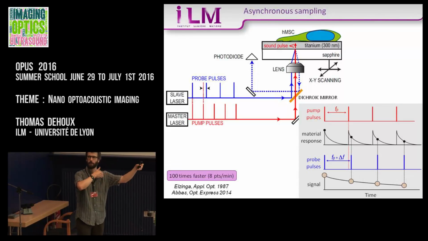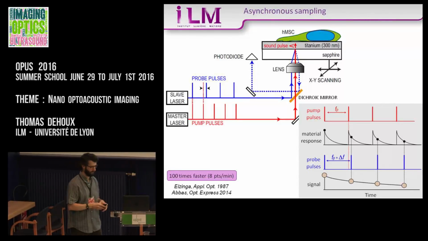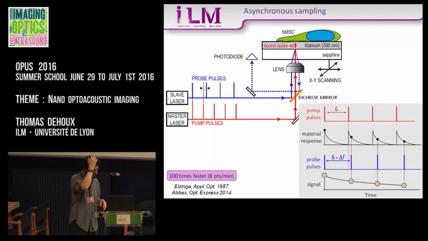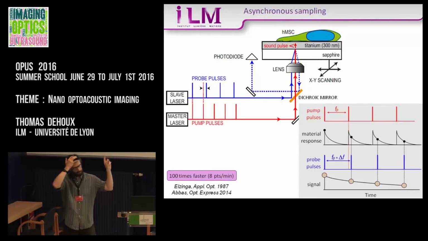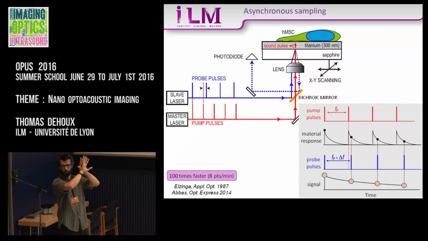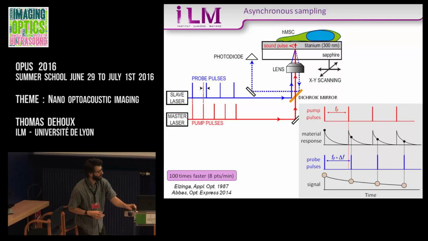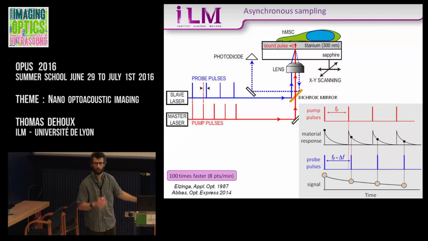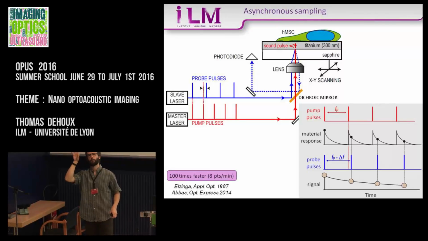In this asynchronous sampling, we just have a slight shift of 500 Hertz between the two pulse trains, which means we are able to reconstruct the whole response in 1/500 Hertz.